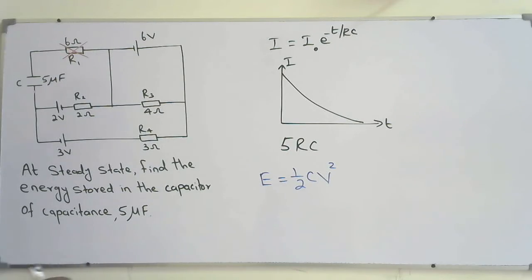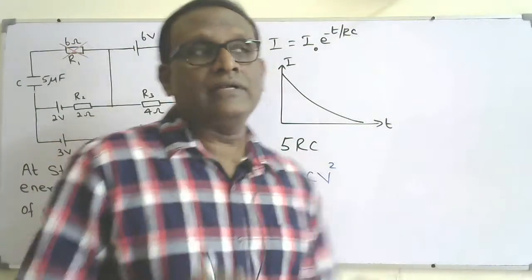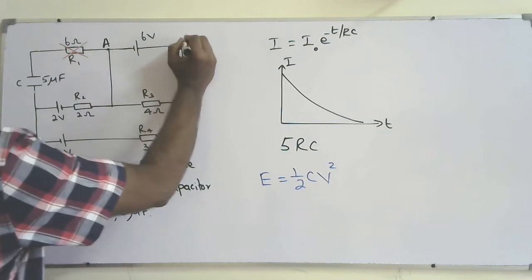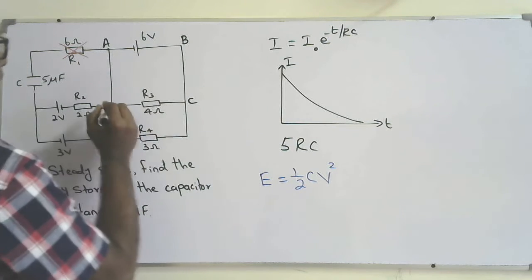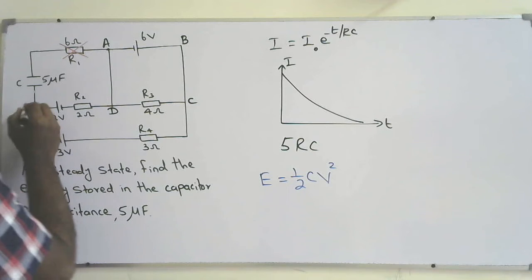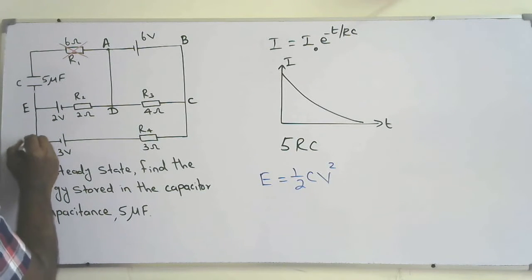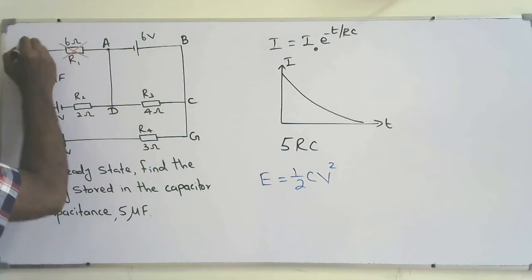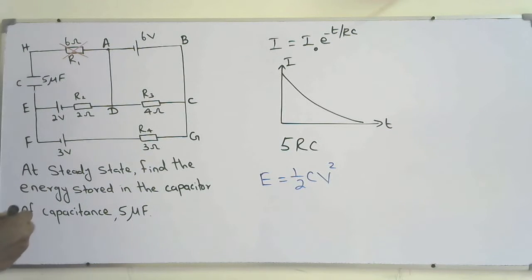I will name the junctions: A, B, C, D, then E, F, G, and this one I call H. No current flows through this component.